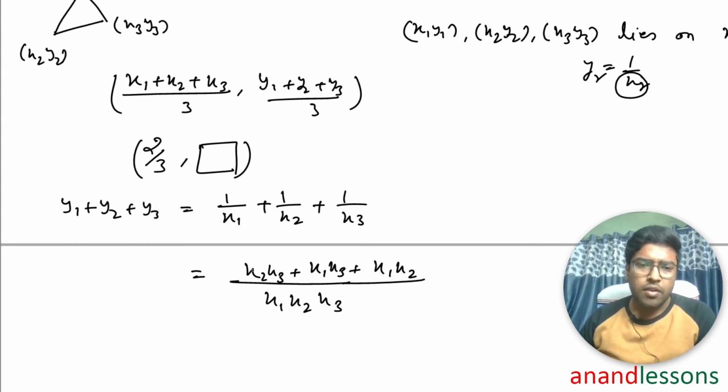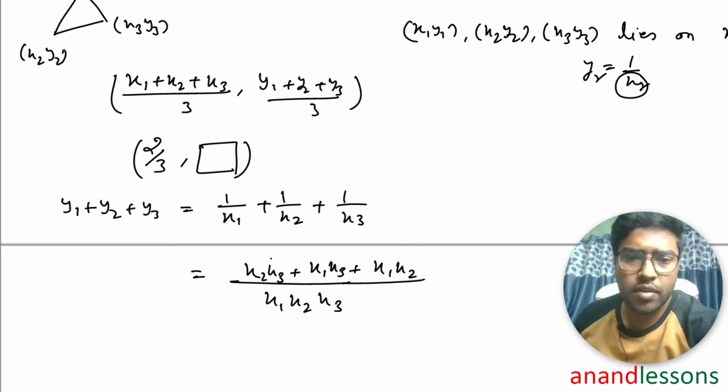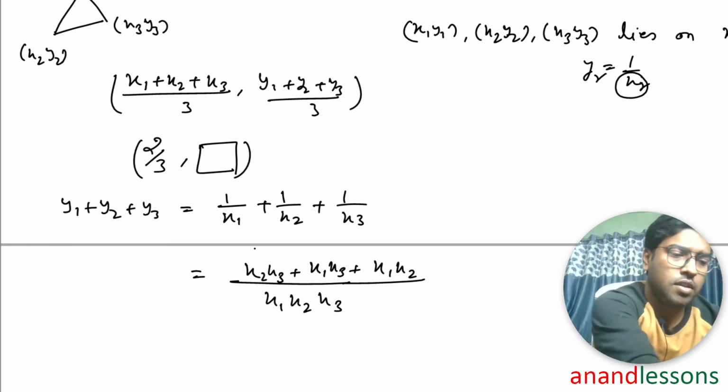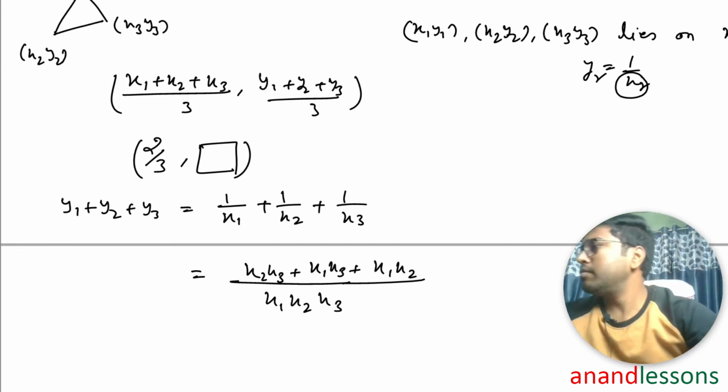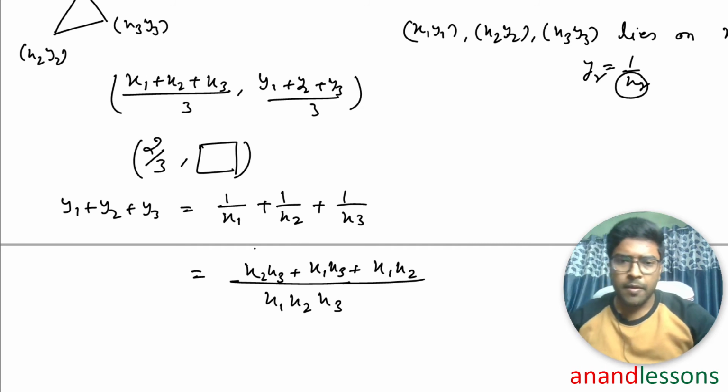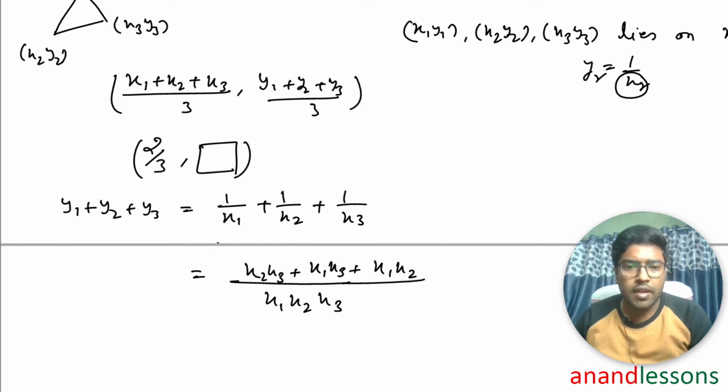Here we know the numerator is the sum of the product of the roots two at a time, and the denominator is the product of the roots only.